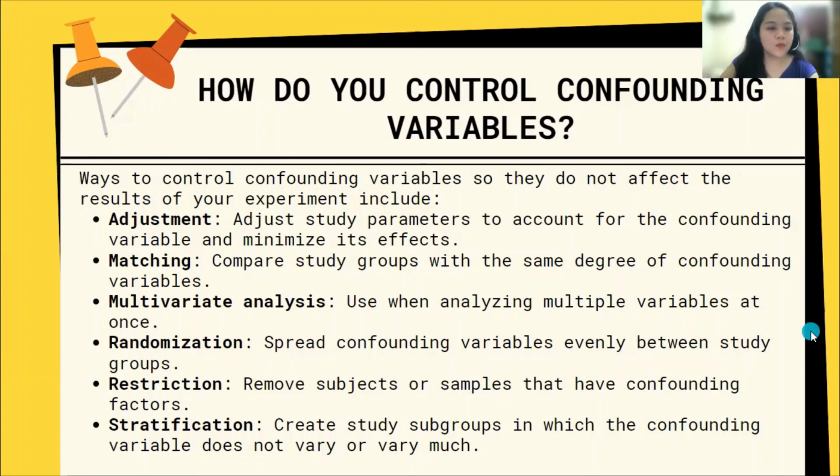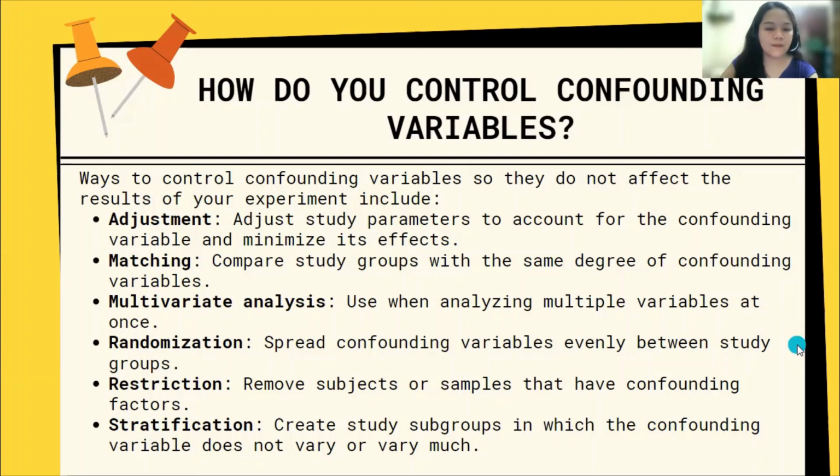Matching. Compare study groups with the same degree of confounding variable. Multivariate analysis, used when analyzing multiple variables at once. Randomization. Spread confounding variables evenly between study groups. Restriction. Remove subjects or samples that have confounding factors. And stratification.